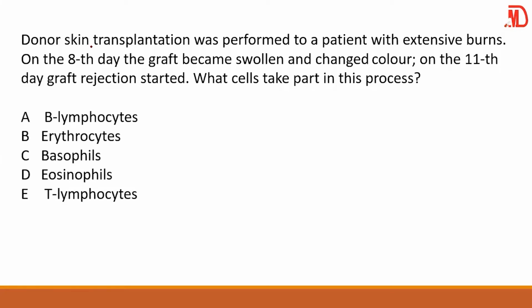So we have a donor skin transplantation performed on a patient with extensive burns. On the 8th day, the graft became swollen and changed color. On the 11th day, graft rejection started. Usually, graft rejection has to do with type 4 hypersensitivity, and the cells that come into play are the T lymphocytes, because they are cell mediated.